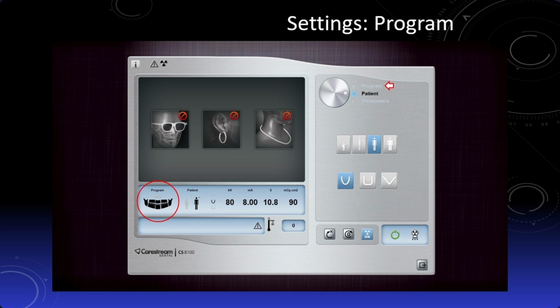So if we look at the first option, which is program, newer panoramic systems will allow you to define how much of the panoramic image you wish to capture. So you can choose the entire panoramic image consisting of the mandibular rami and all of the areas in the maxilla or the mandible, or you can select segments within the larger panoramic image to capture.